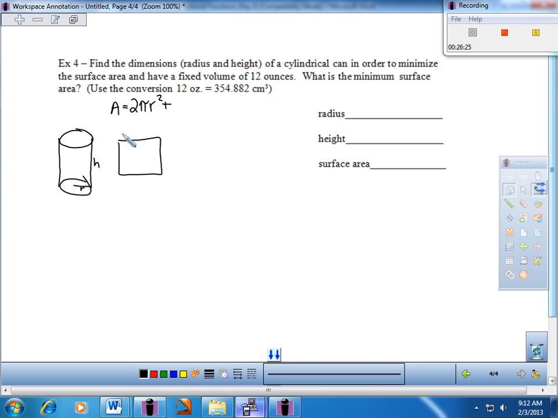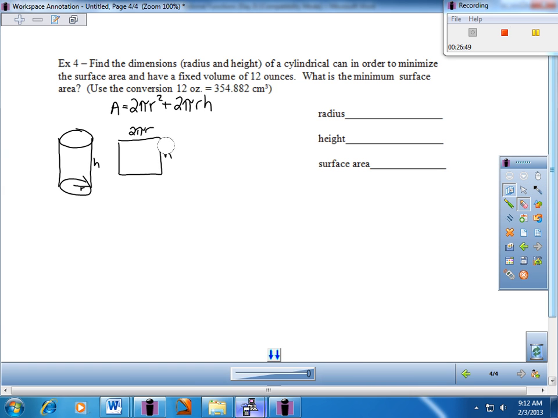The length of the rectangle would be the circumference of a circle, which happens to be 2 pi r, and then the height of the can is h. You did this in geometry, and this is not the focus of what I want here, so let me wrap this up quickly. Basically, the lateral area would be this times this, and so you get 2 pi r h. So that is the formula from geometry that you looked at.